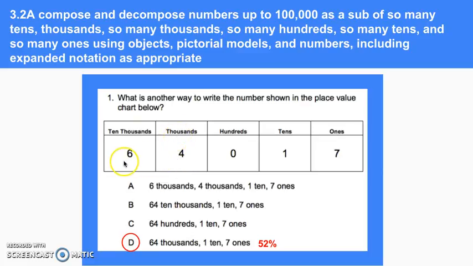So here we have 60 thousands and 4 thousands, or 64 thousands, and 1 10 and 7 ones. That's challenging for students as they are deepening their understanding of place value.